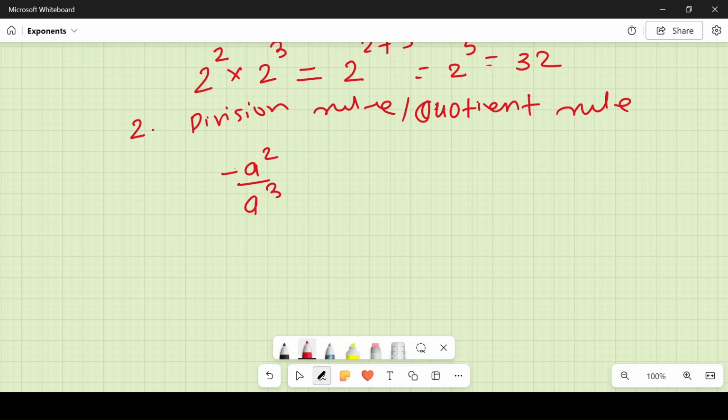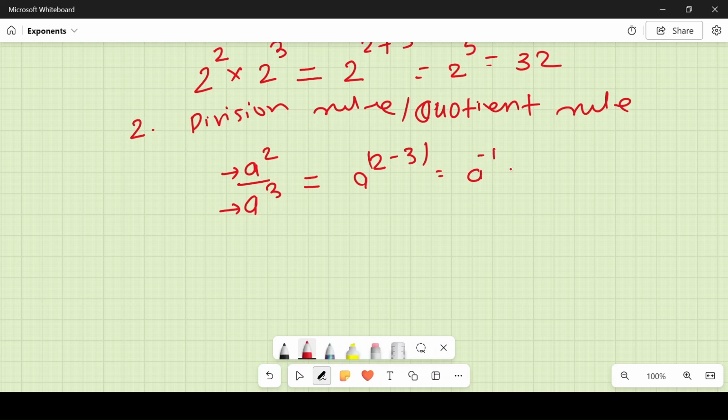Here the base is the same, a. Then the simplified version of this division would be obtained by subtracting the exponents of the base. So it would look like 2 minus 3. It would be a to the power of minus 1.